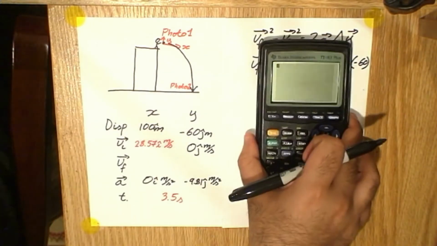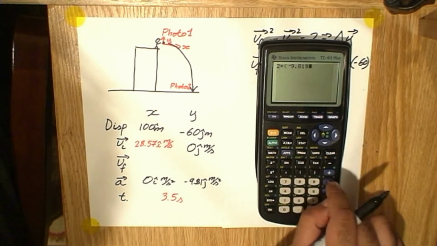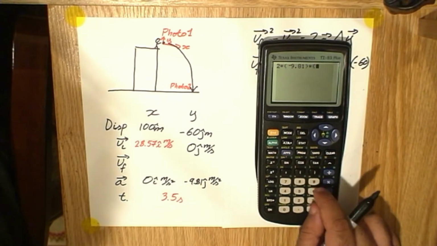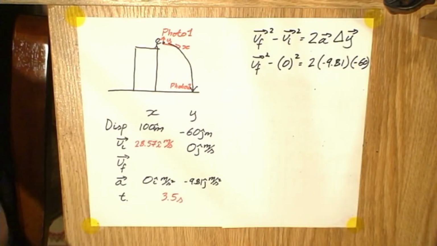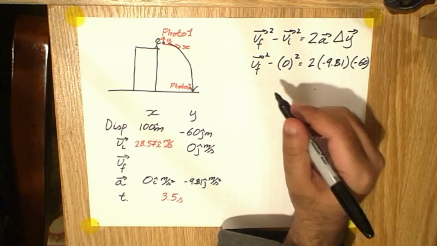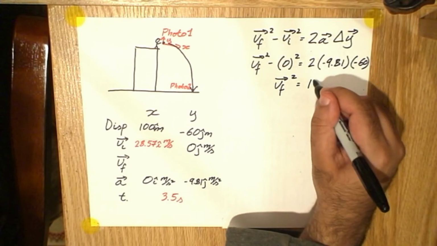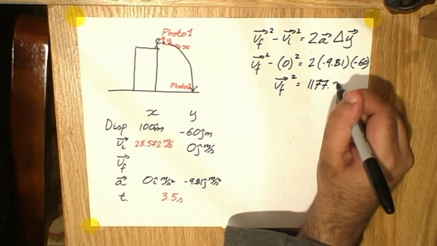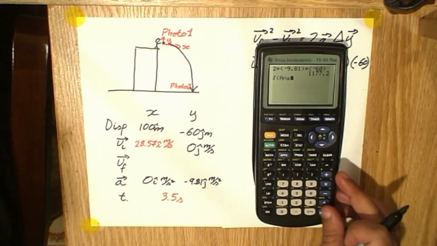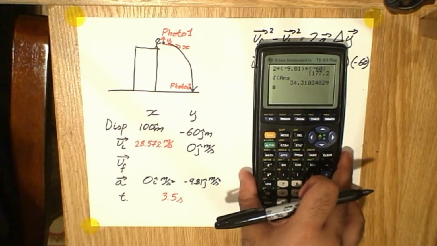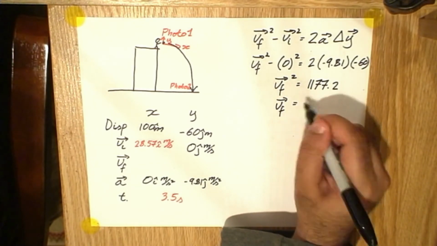So let's solve that out. 2 times negative 9.81 times negative 60 is 1177.2. So 0 squared, of course, will cancel out, and we are left with v final squared is equal to 1177.2. Then we just take the square root, 34.31.